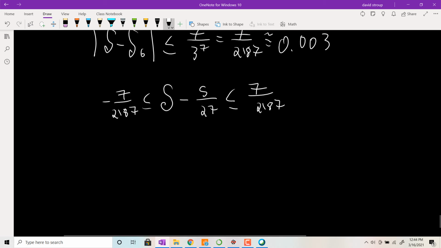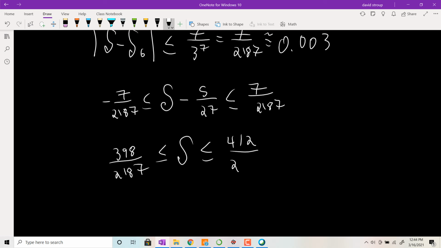Then you add 5/27 to all 3 sides and figure out that the actual value of the sum is between 398 over 2187 and 412 over 2187. Or you can get decimal approximations if you want.